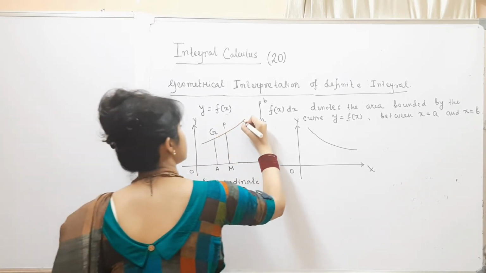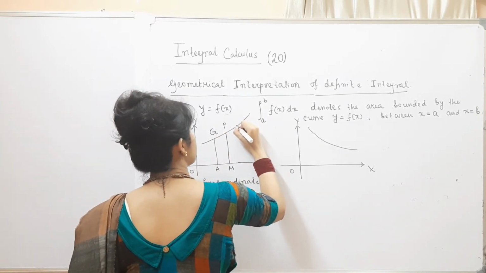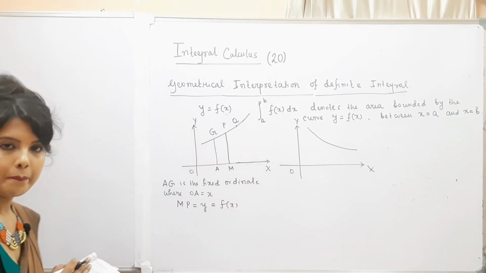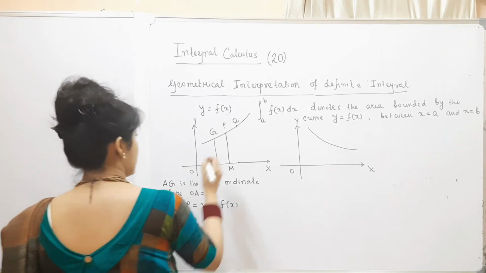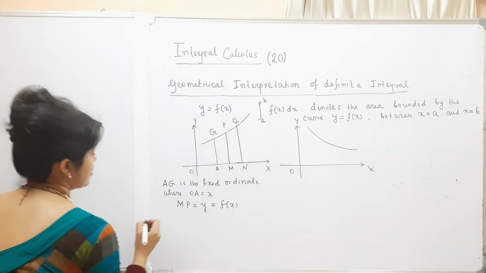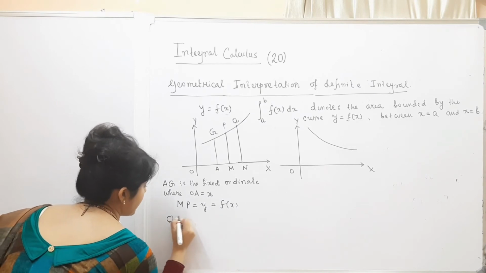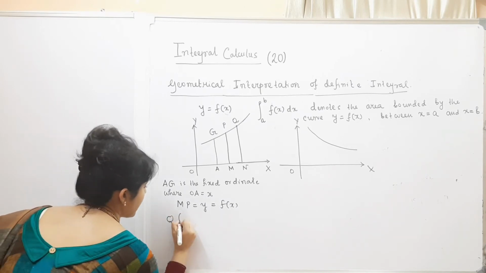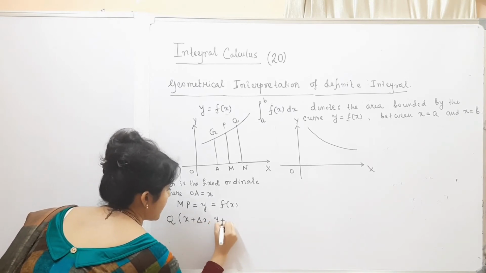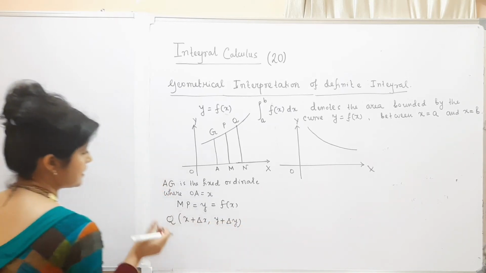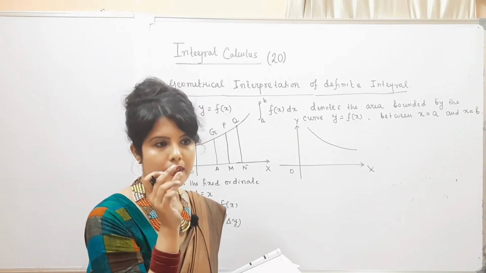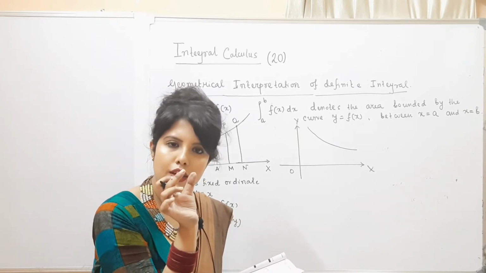Now I am considering a point that is very near to P, which may be NQ. So the ordinate of Q will be x plus delta x and y plus delta y, because delta is a very small increment, that is, P and Q are very close to each other.